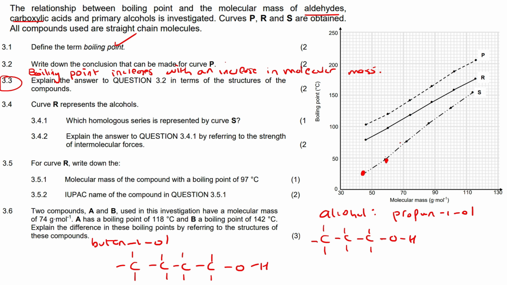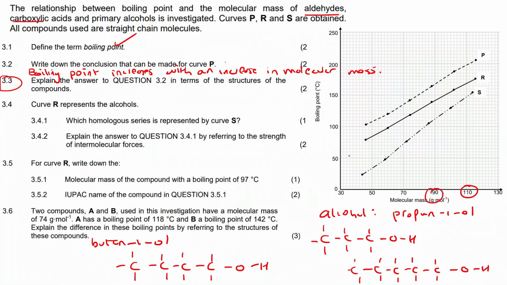And then maybe you go to pentanol, so that's going to be 5 carbons now, still going to be 1 OH. So you can see that that is what they're doing. They're just taking, for example, alcohols, which probably isn't going to be this one, but let's just pretend. That is how they increase the mass. They're just stepping up through the homologous series, adding an extra carbon each time.